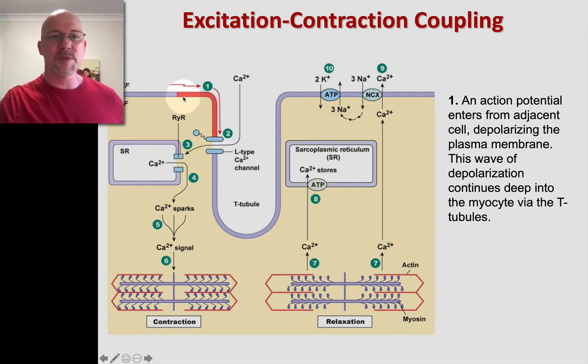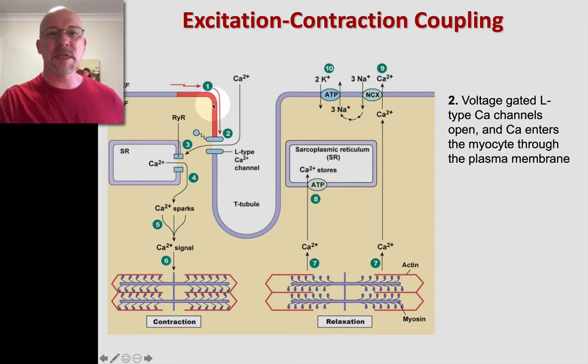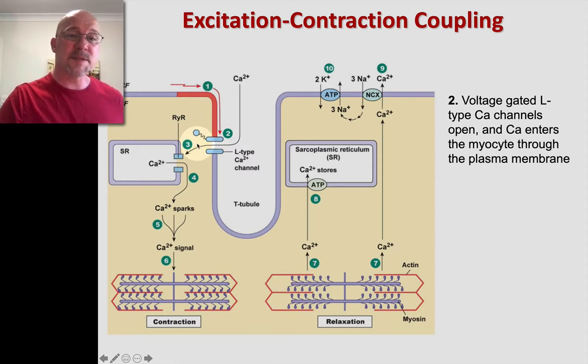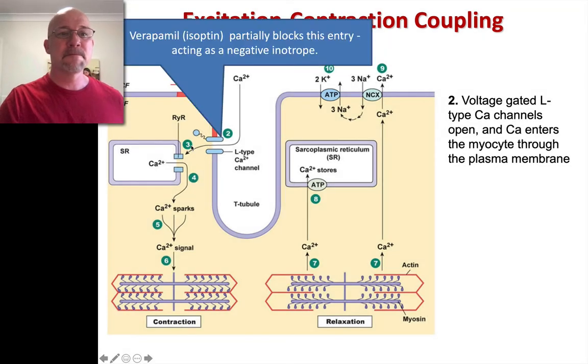That's step 2. So we're on step 1 here. The action potential comes along and goes down into the T tubule. And I've jumped into step 2 a little bit, and that is this voltage gated channel then opens and calcium comes through the plasma membrane and into the intracellular fluid inside the cell.